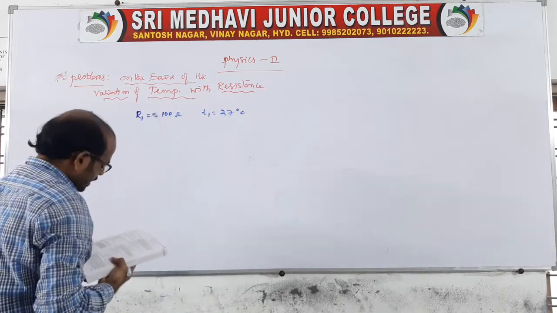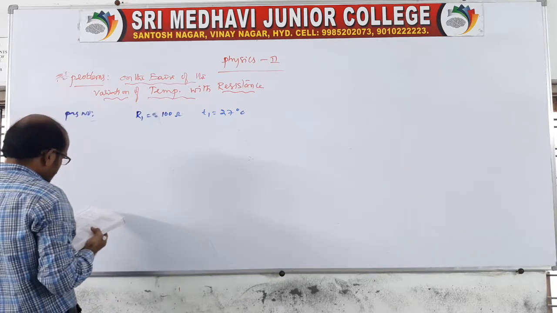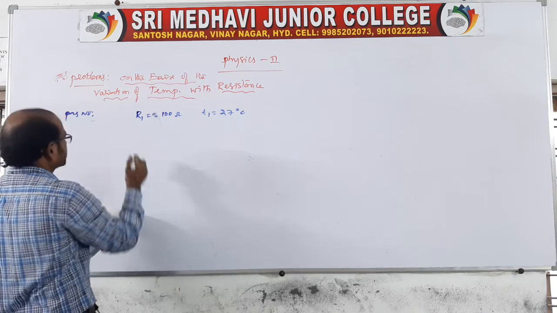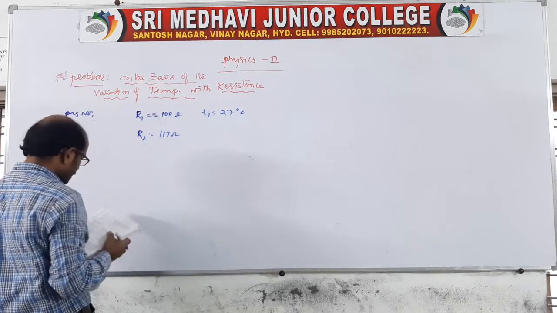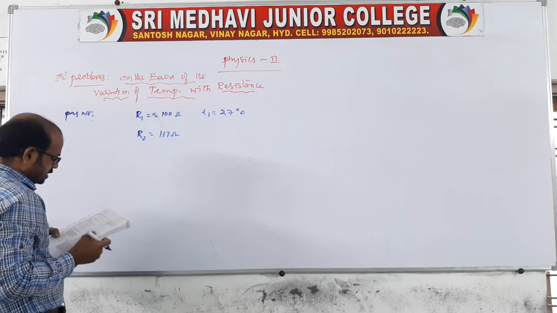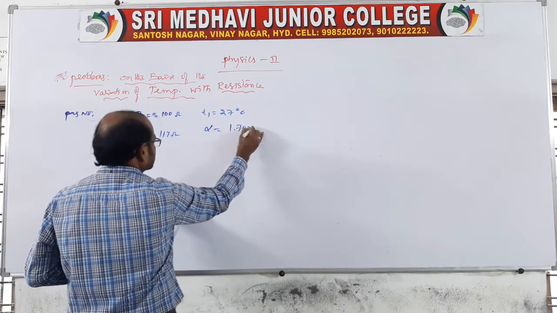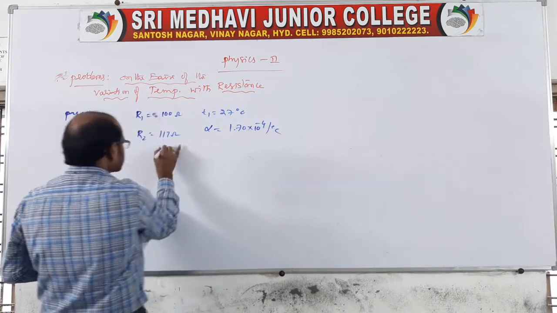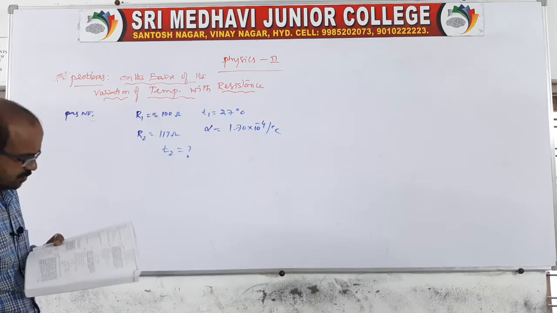What is the temperature of the element if the resistance is found to be 117 ohm, given that the temperature coefficient of the material, alpha, is 1.70 into 10 power minus 4 per degree Celsius? It is asking for T2.